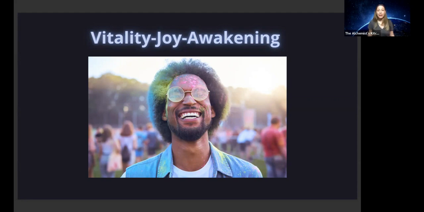We begin to awaken. We begin to experience joy and vitality. All of a sudden, the colors in the room light up. They're vibrant. We feel new. We feel reborn. And that's because we're changing a pattern, we're trying something new, we're exploring a new part of ourselves that we didn't even know that we had.